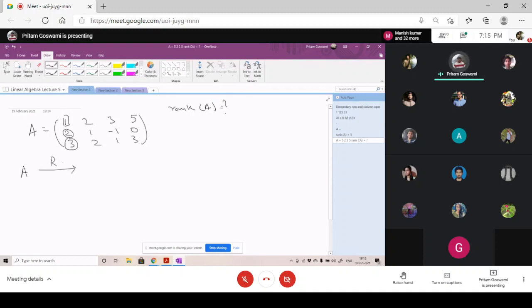You can multiply the first row by -2 and add it to the second row, and this will become 0, right? Yes, sir. And if you multiply the first row by -3 and add it to the third row, this will also become 0, right? The first row will remain the same.